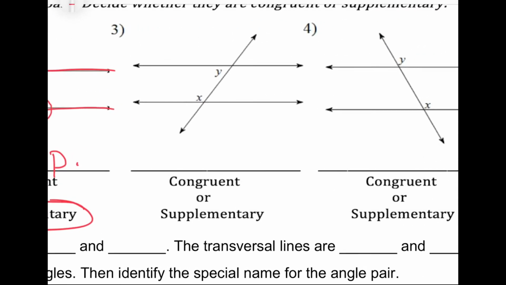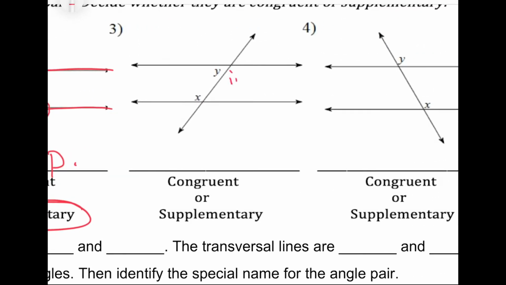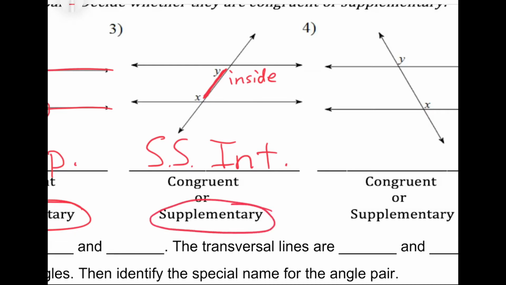For number 3, both are on the inside of the parallel lines, and they're on the same side of the transversal. So to abbreviate, we can do SS interior, so INT. Same side interior are going to be supplementary because they are definitely not congruent. You can obviously tell if you do not remember it.